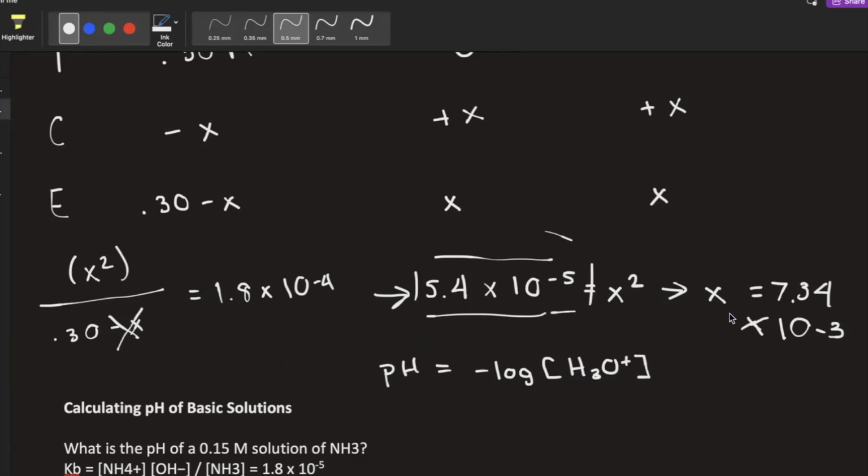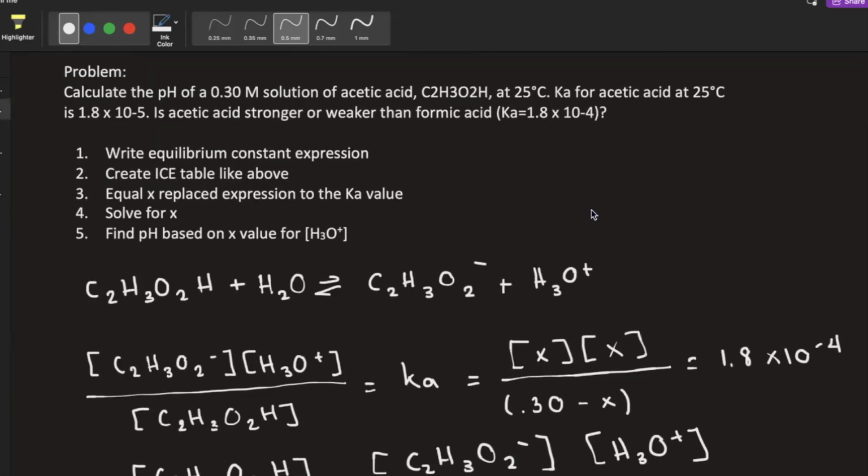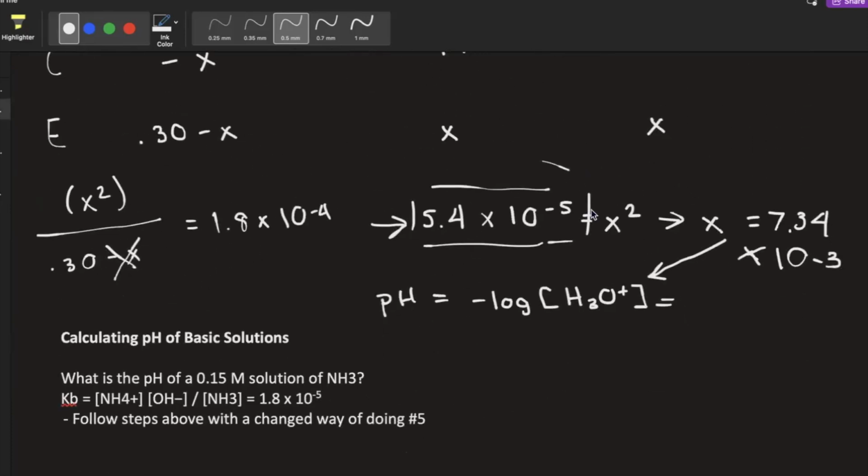So all we're going to do is input this number right here. So we do negative log, and then we put our answer in. We find that the pH of this certain problem is going to equal 2.13.